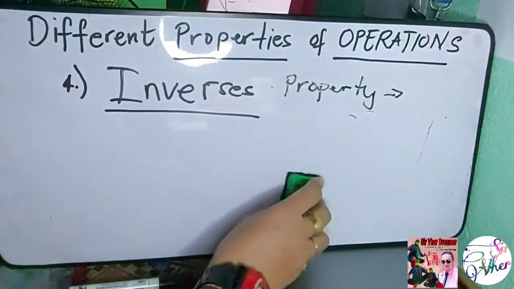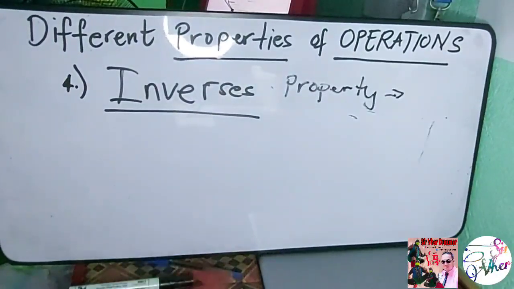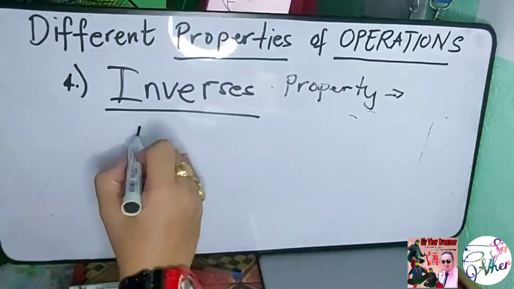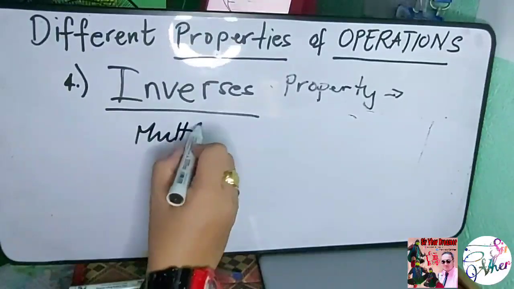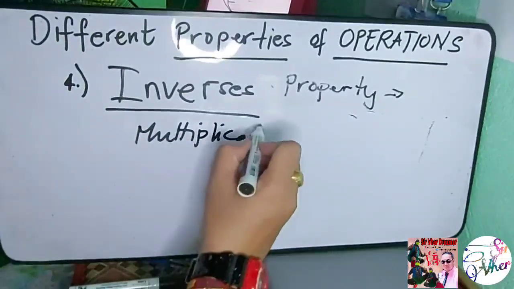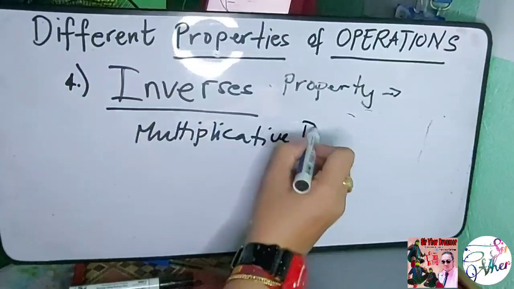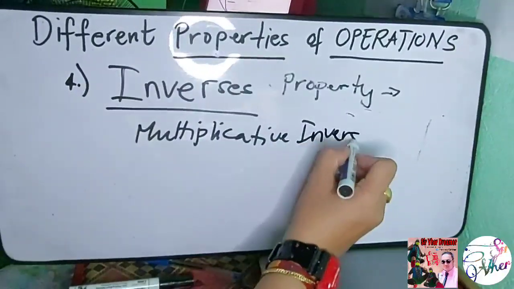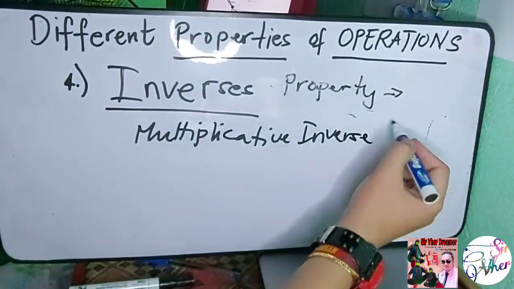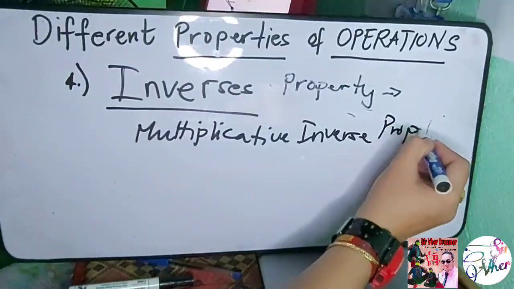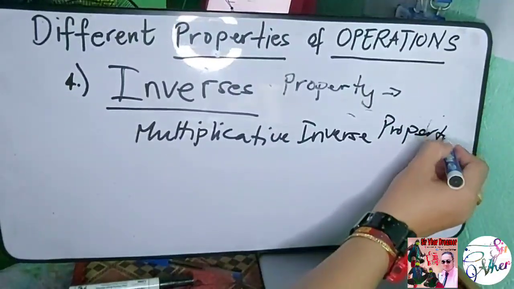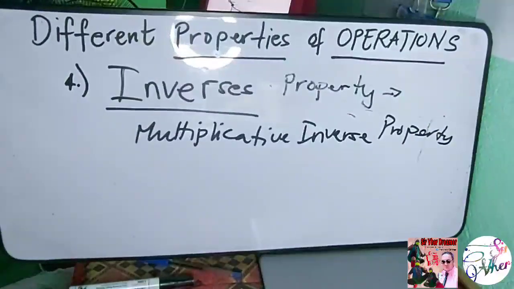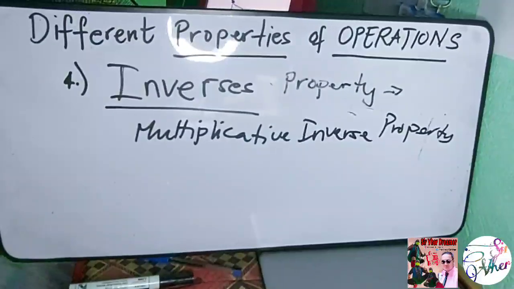So let's have the second one, the multiplicative inverse property. How does this property work?